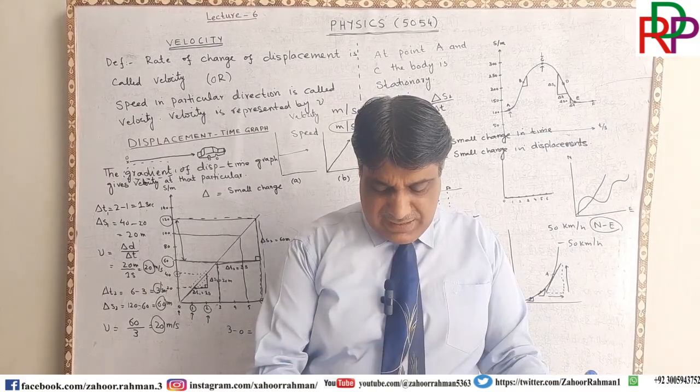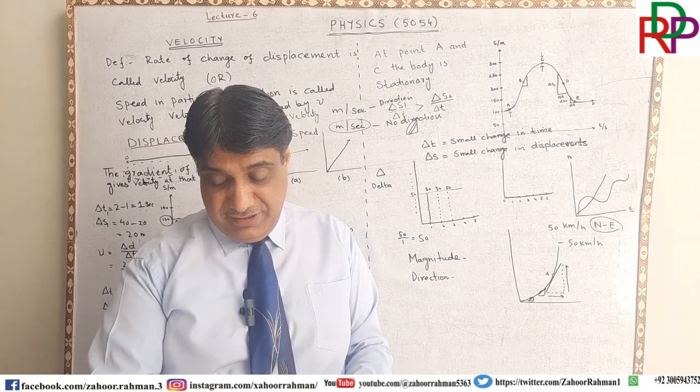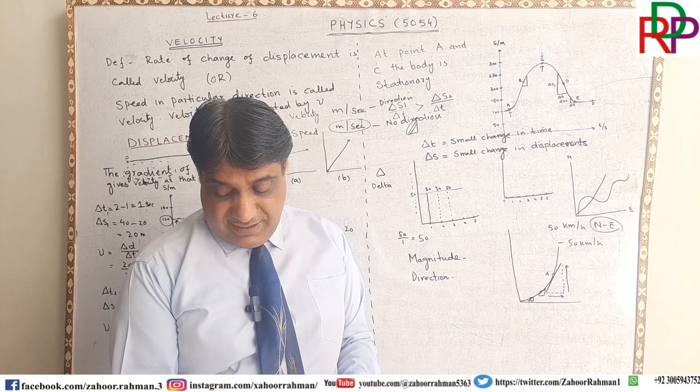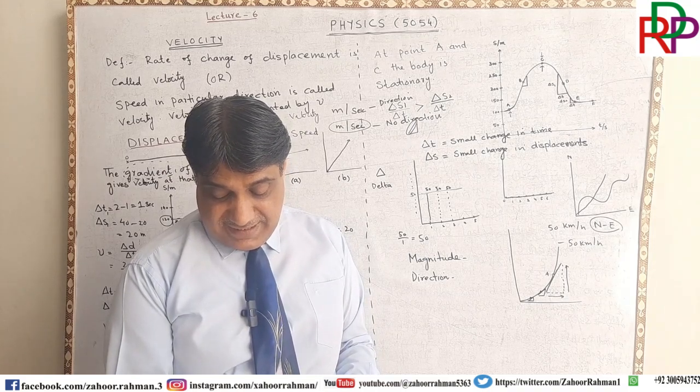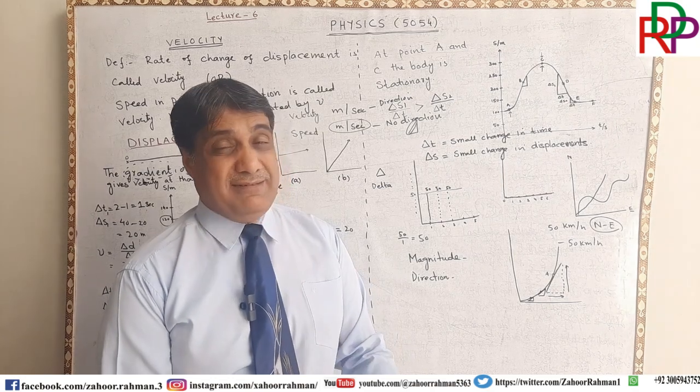There is another very important question. Please pay attention. For an object that is moving at a constant velocity, is it necessary for it to be moving in a straight line? Yes.